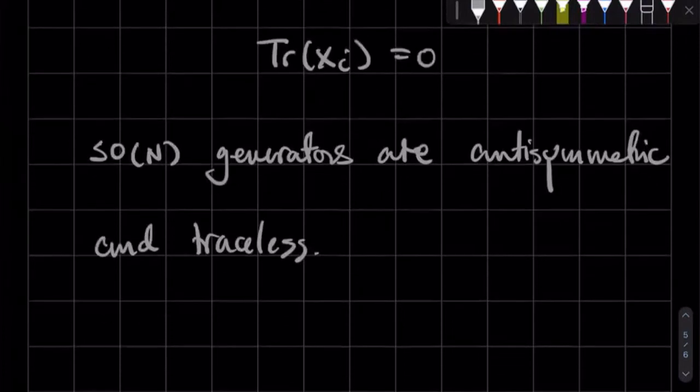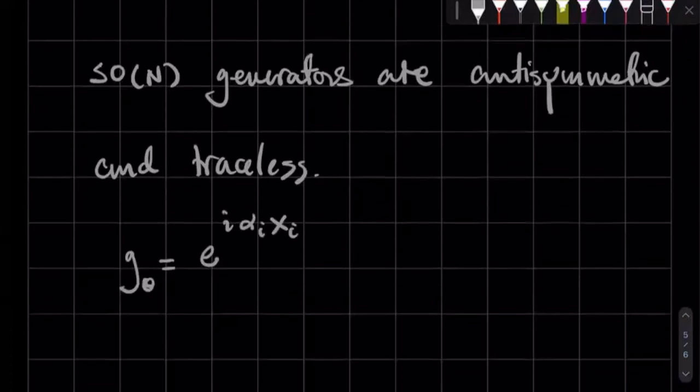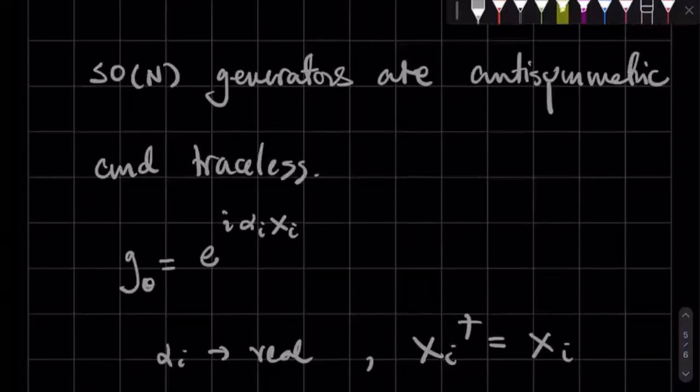Okay, so if, as physicists do, I want to represent an element of SON as e to the power I theta or I alpha dot xi, in that case, alpha I is still real, then xi is not just antisymmetric, it's actually pure imaginary, and therefore it's Hermitian. But that's a thing that physicists do, and because I'm a physicist, I will switch between these two conventions.